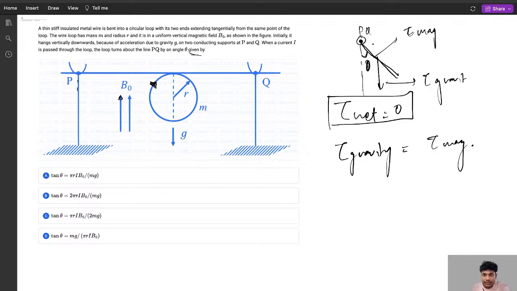So this is the angle theta, and here is the magnetic moment in this direction. So what is the torque due to magnetic field?